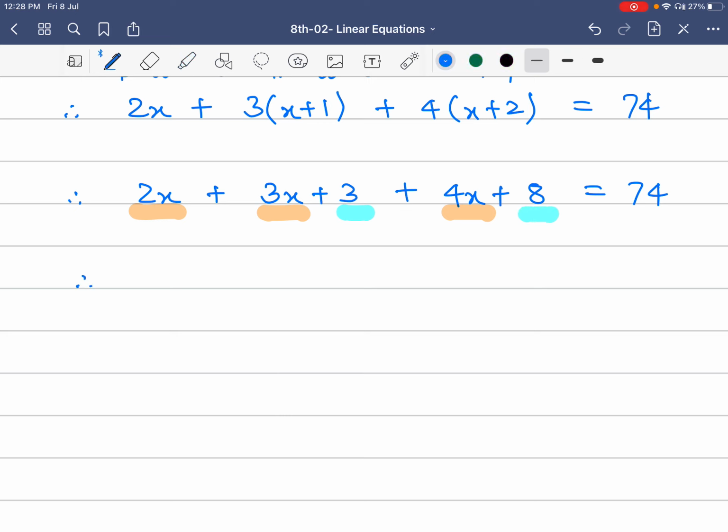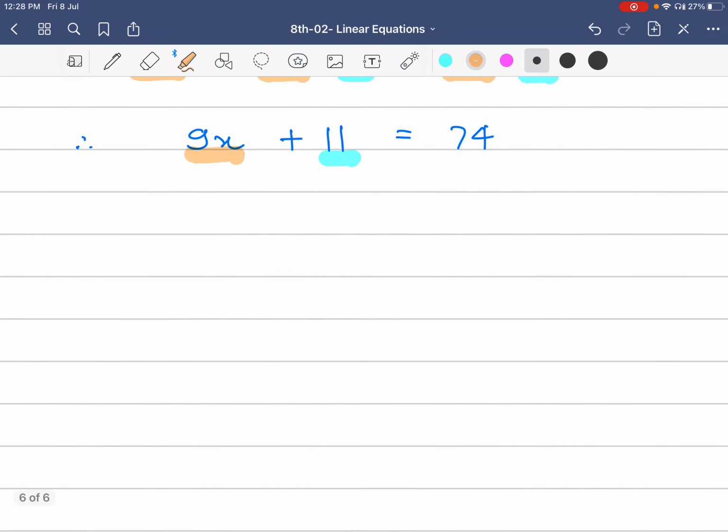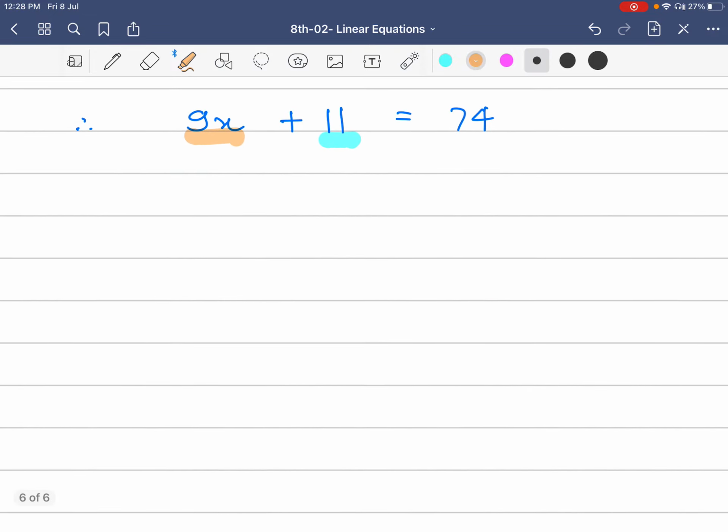So 2x plus 3x plus 4x is equal to 9x, plus 3 plus 8 is 11, and that is equal to 74. This is all the numbers together and this is all the x terms together. Now we have simplified our equation to 9x plus 11 equal to 74.